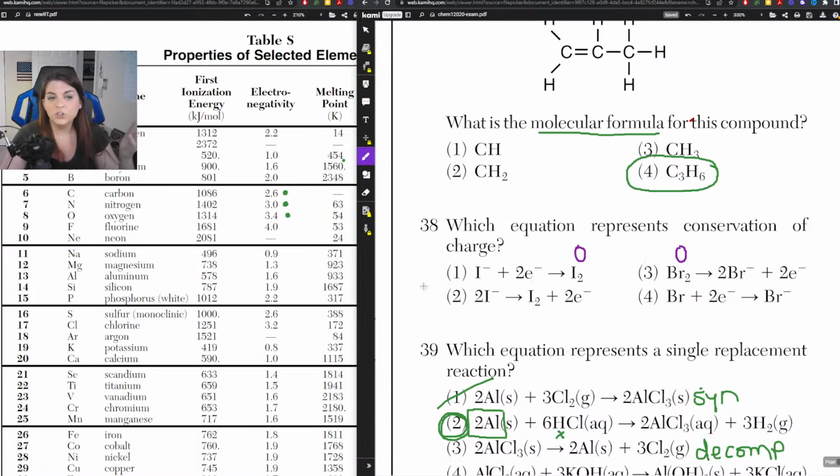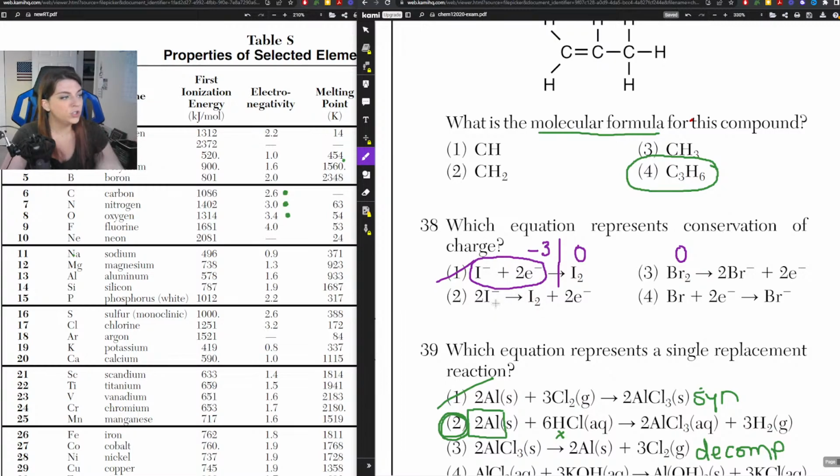And then if we're looking at choice 1 specifically, iodide ion with a -1 and 2 electrons together will give us a sum of -3, where on the other side of my reaction, my total charge is 0. So somehow I just gained 3 to make this become a 0. So that's not a conservation of charge.